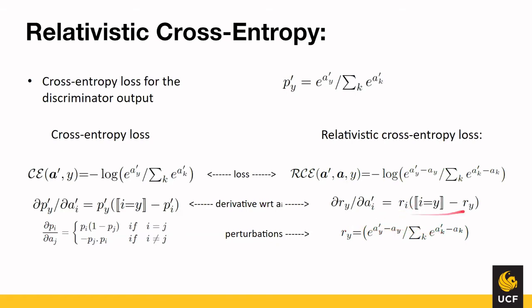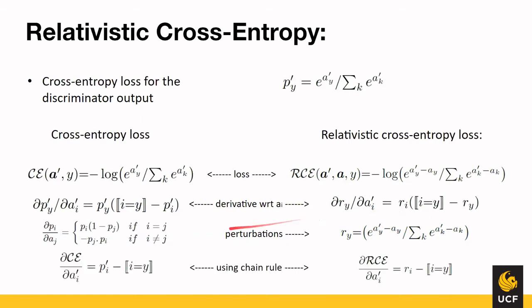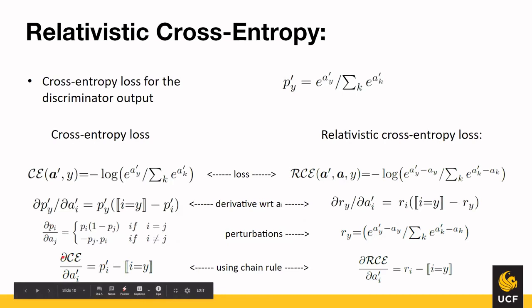And then we get this when we partially differentiate that with respect to A of I. Then using the chain rule, dou CE by dou P into dou P by dou A I would be this minus 1 or 0 here. Similarly, we get the same with relativistic cross-entropy, where the perturbation minus 1 or 0 whenever I is equal to y.